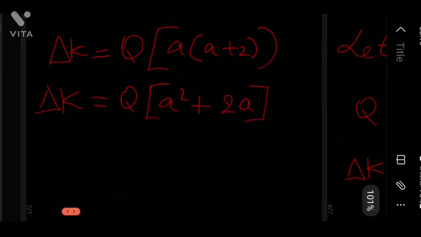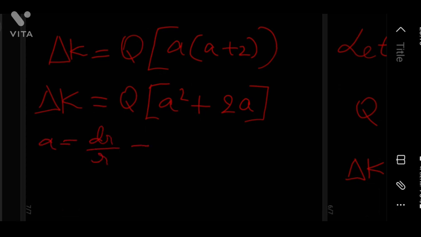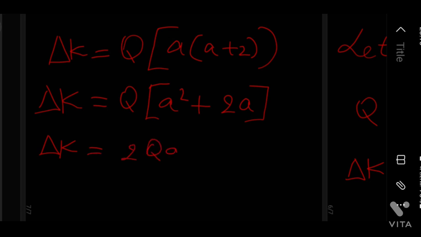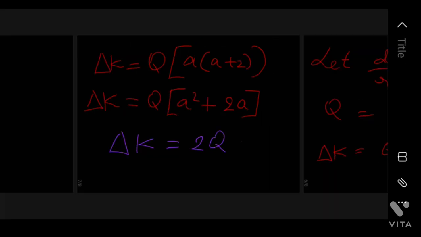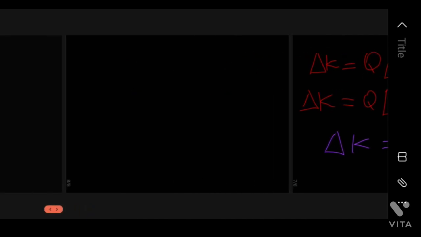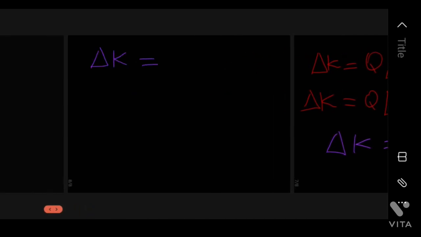So here we can observe that a is equal to dr by r plus d omega by omega. If we square this, it will be very small, so this a square can be neglected. Delta K is equal to 2 q a. This increase in kinetic energy is equal to the work I have done, dW.